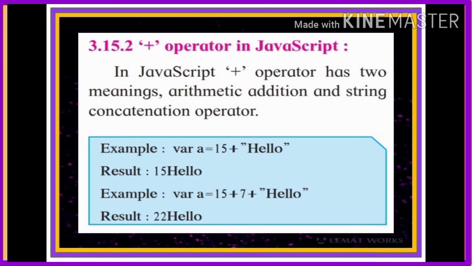Here two parts, 15 and hello string, are concatenated. Second example, a equal to 15.7 plus hello in double quote, we will get 15.7hello. So here plus operator is a concatenate operator. It joins the two parts, but the condition is that one part should be a string.